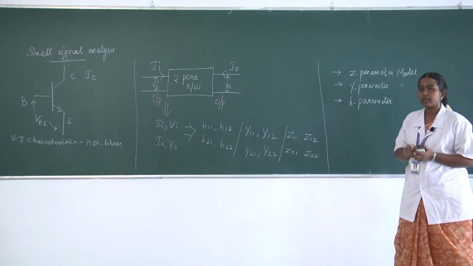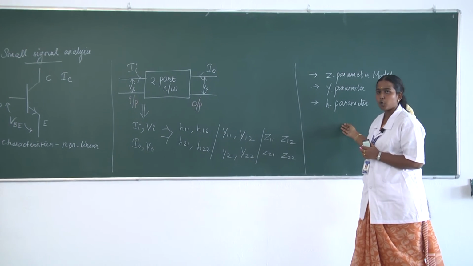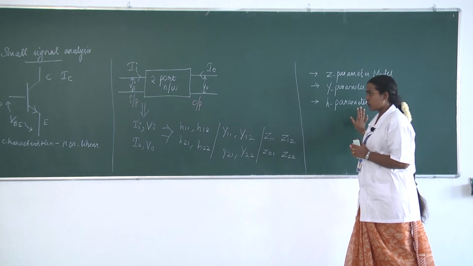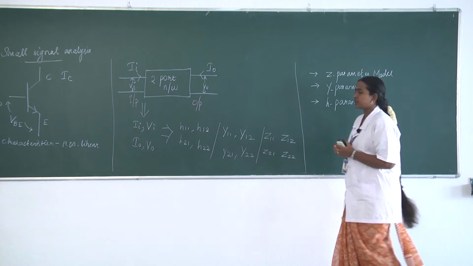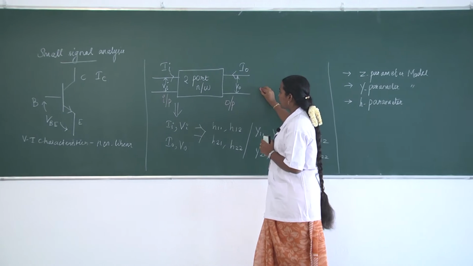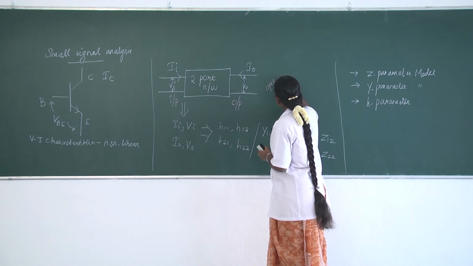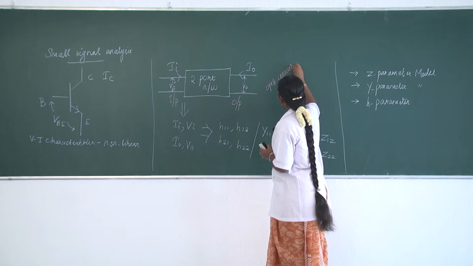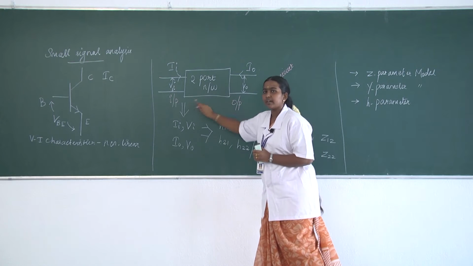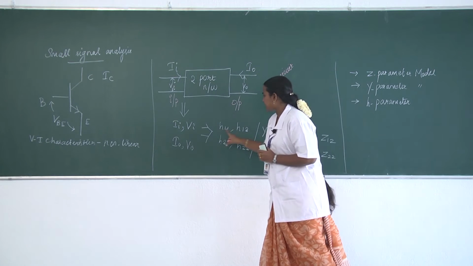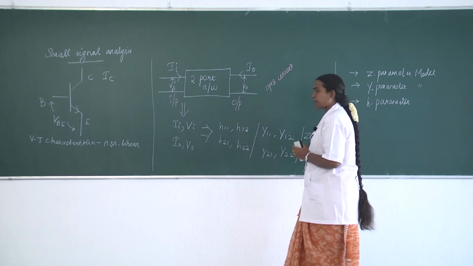Why we are defining three different parameter models is that, if we analyze a transistor using the Z parameters, then we will do an open circuit operation in either the input or the output port to get the Z parameters.